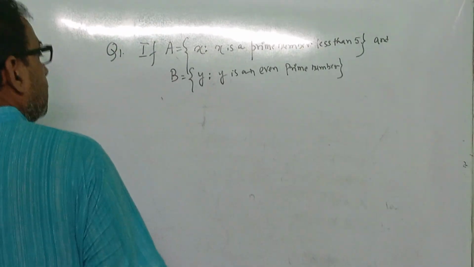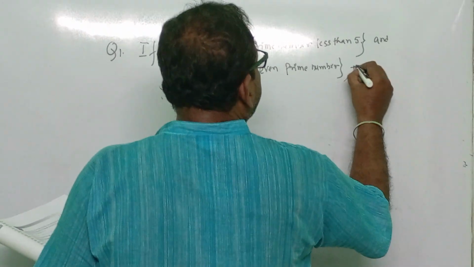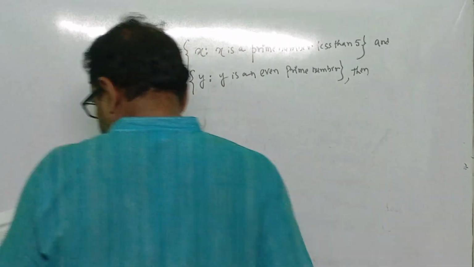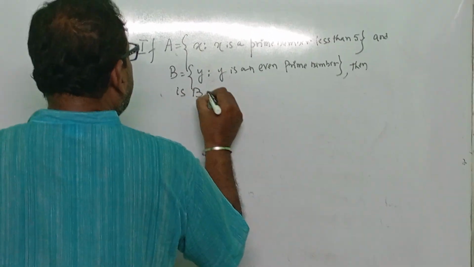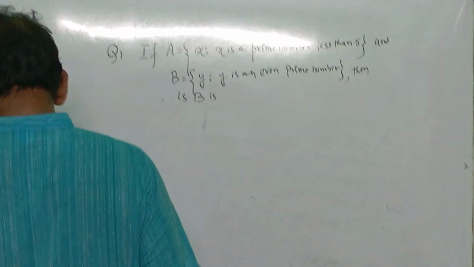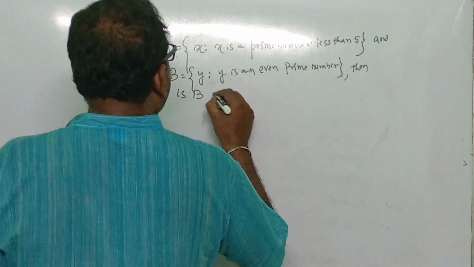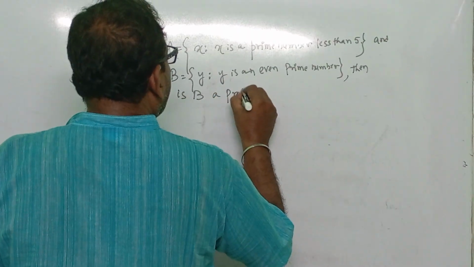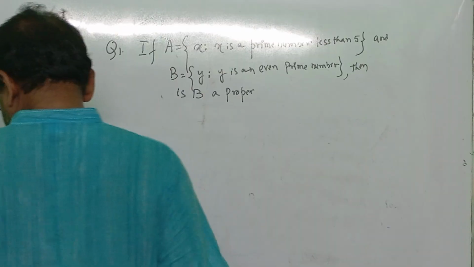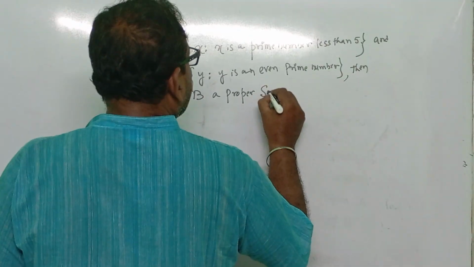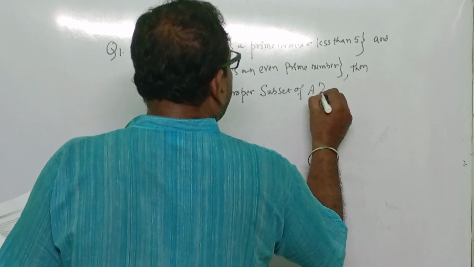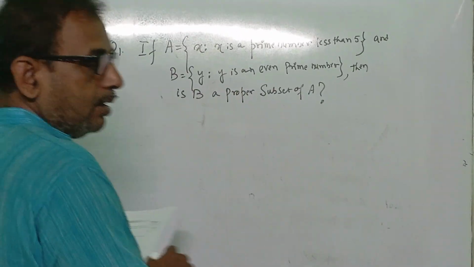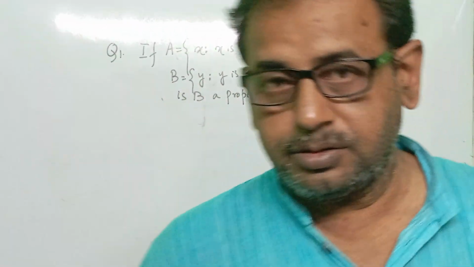Here, what they asked is: B is a proper subset of A. Carefully read the question.